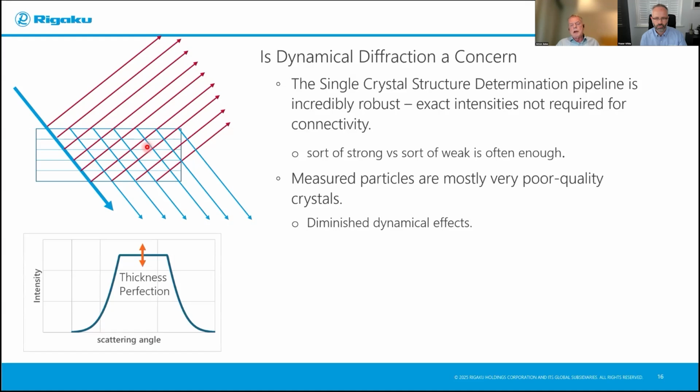Now, if you look in a little bit more detail at exactly when dynamical diffraction occurs, if I take my crystal and I rock it through the Bragg peak, so we have our samples and we rock them through the diffraction condition. As we start to get diffraction, the intensity of the Bragg peak will begin to increase, and it'll just increase in the usual way, according to kinematic diffraction, until it reaches this critical threshold of interaction with the material.